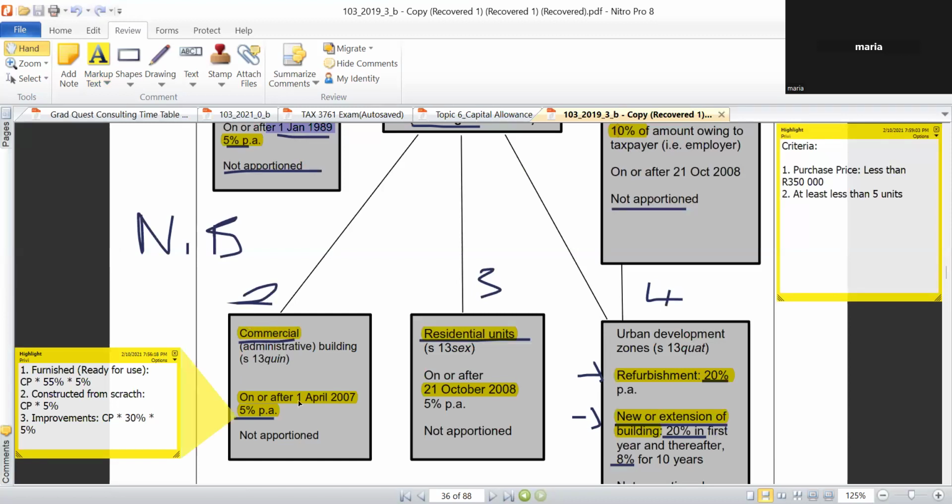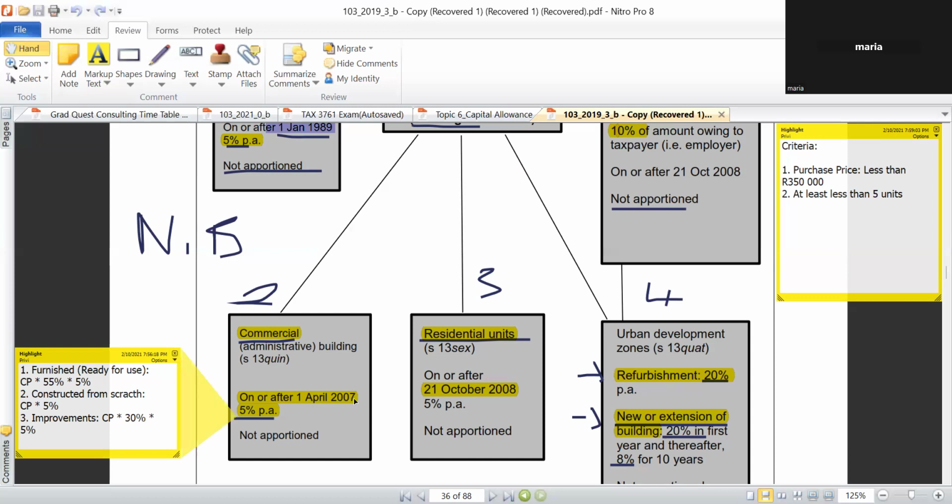So what Section 13 Quin states is that for as long as the building is used for commercial, meaning administrative purposes like offices, normal structured offices, right? If it's a commercial or administrative building, Section 13 Quin provisions would apply, whereby you'll be allowed 5% per annum on the value of that asset, for as long as it was acquired from 1st of April 2007 going forward.